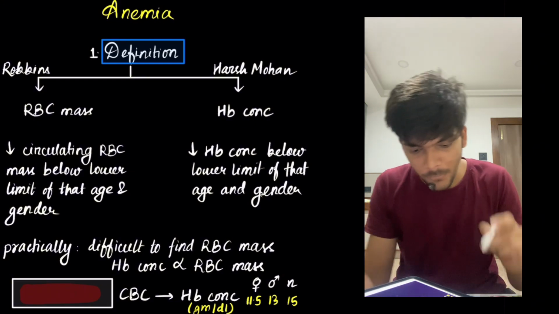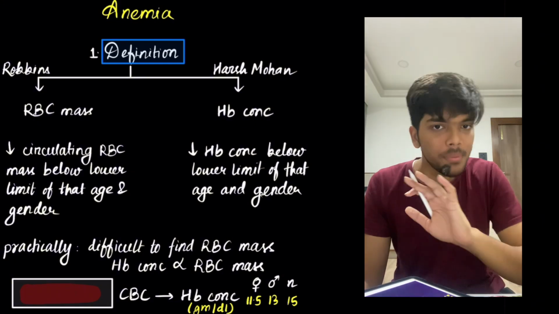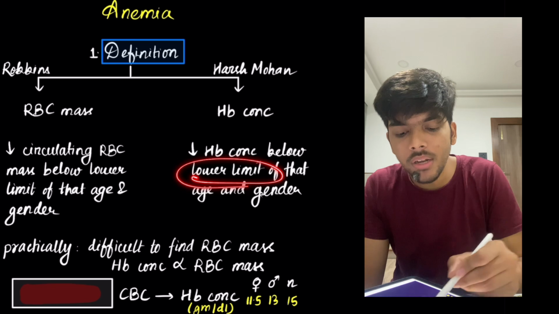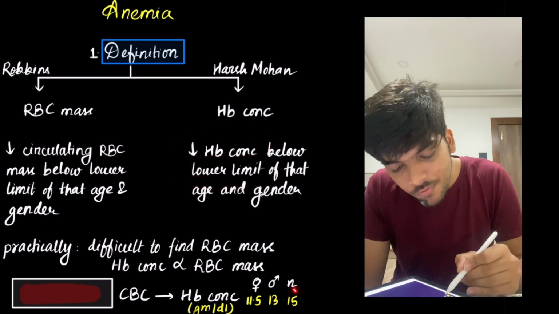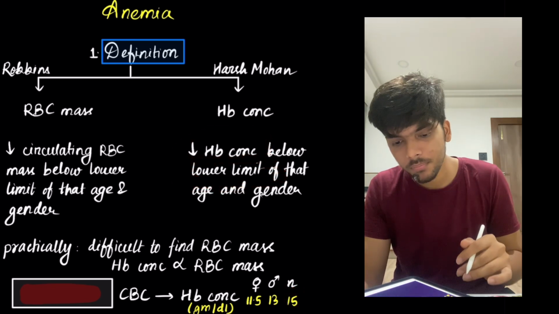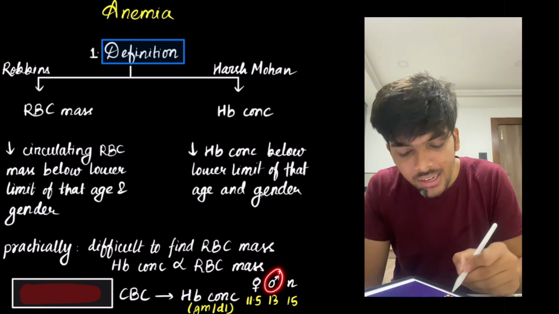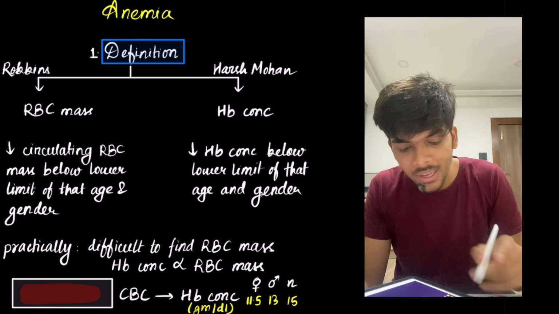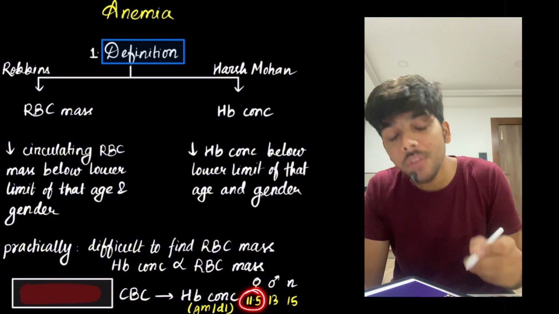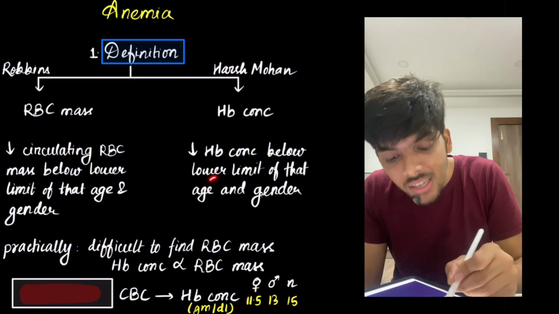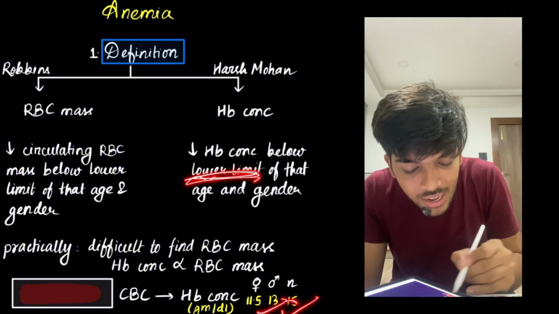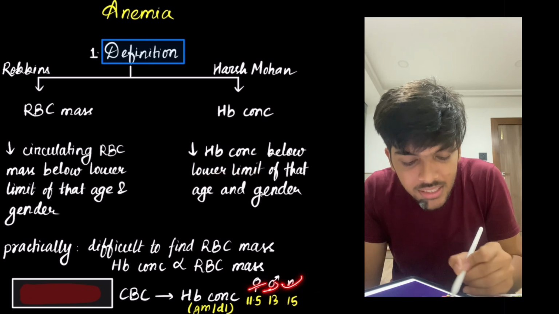This is why. In a newborn baby, be it male or female, the lower limit of hemoglobin concentration is 15 grams per deciliter. However, in an adult male, it is 13 grams per deciliter. In an adult female, it is 11.5 grams per deciliter. The lower limit is different as per age and gender.